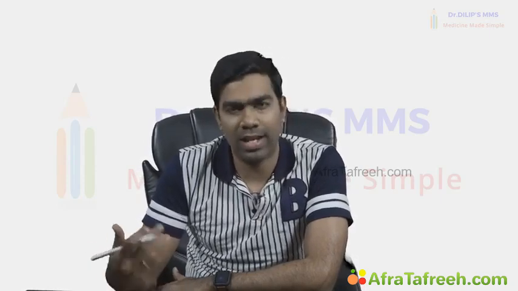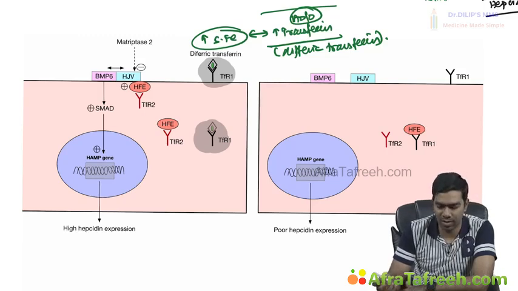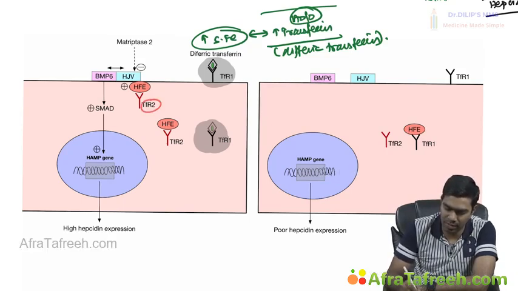Transferrin receptor 1 is a natural binding site for diferric transferrin. So it's going to saturate all the transferrin receptor 1. The moment it saturates all the transferrin receptor 1, you're going to have a lot of transferrin receptor 2 left free here.